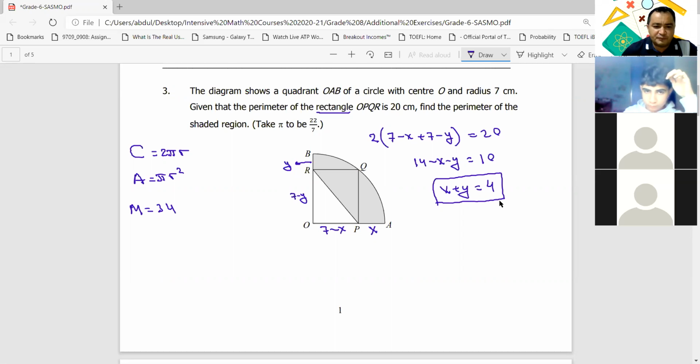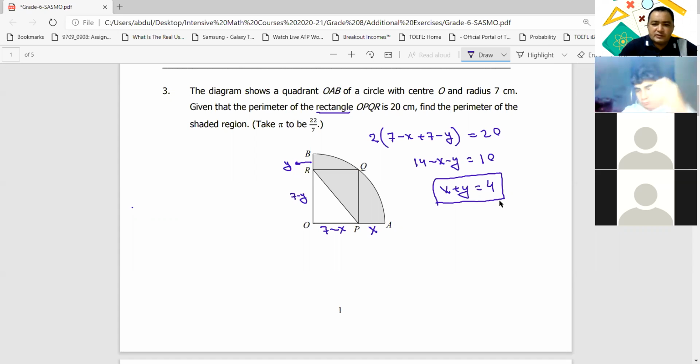So I can write here, the perimeter of the shaded region is, starting from here, RB plus arc BQA plus AP plus PR.